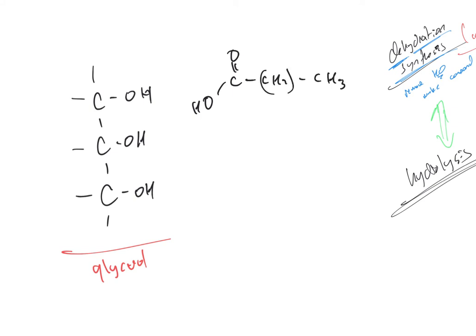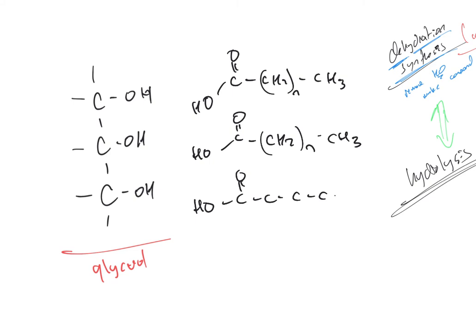Now, for the sake of speed, I'm making all of these saturated. So CH2 and CH3, HOC. You can also draw it like this. This is the same as this. CH2N is this.